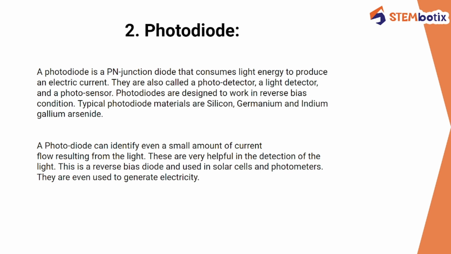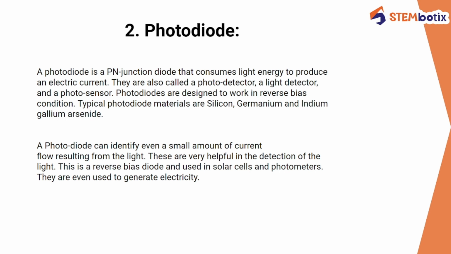So this is a photodiode, another kind of PN junction diode. It consumes light energy to produce an electric current. So whenever light falls onto it, it produces electric current. This is the main function of a photodiode.